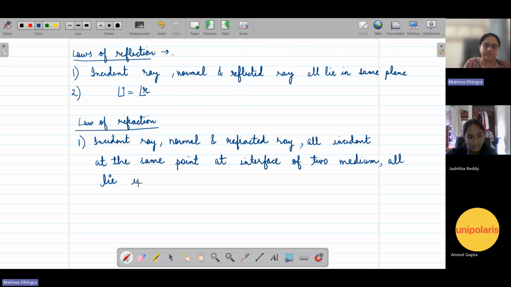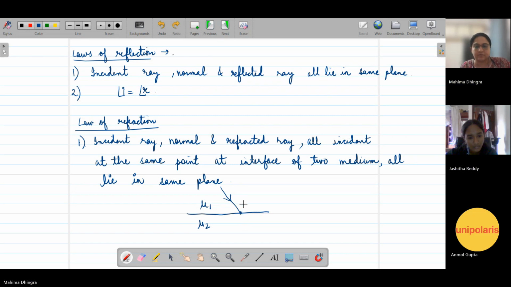Now, what does it mean? In case of refraction, here we have one medium, here we have another medium, right? When the light is incident here, this is the normal. And this one is refracted.